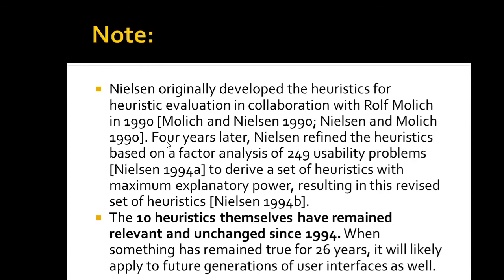That's Nielsen 1994a, to derive a set of heuristics with maximum explanatory power, resulting in this revised set of heuristics. The 10 heuristics themselves have remained relevant and unchanged since 1994. When something has remained true for 26 years or more, it will likely apply to future generations of user interfaces as well.